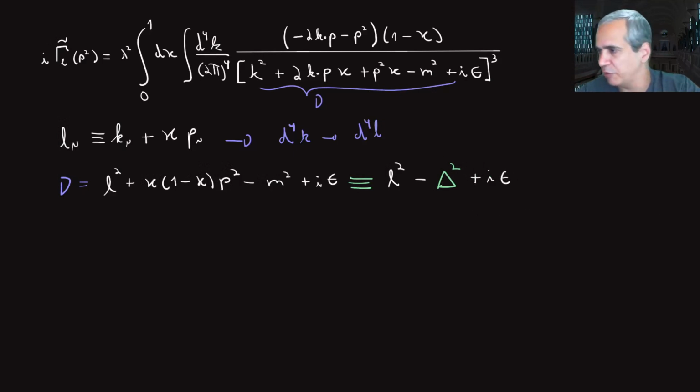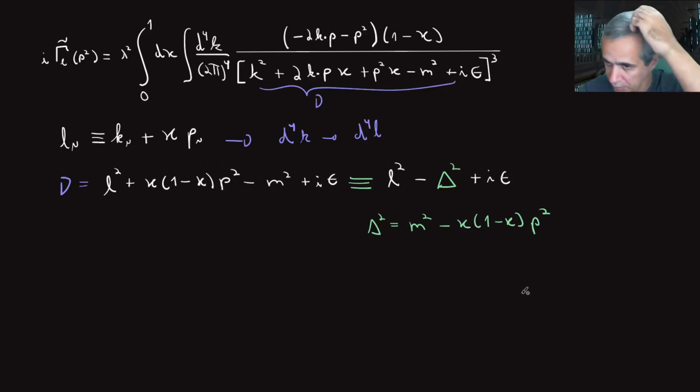This is just to simplify my life, because I'll be carrying that delta around, but delta square is just m square minus x(1 minus x) p square. And then, of course, the numerator also changes under this change of variables.